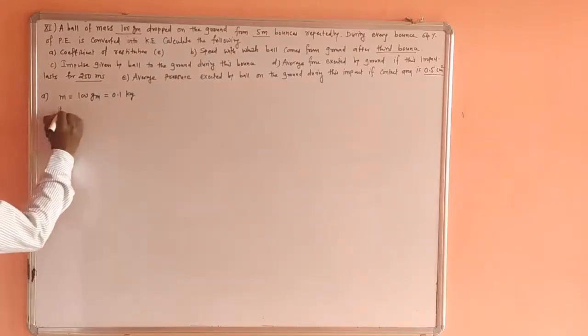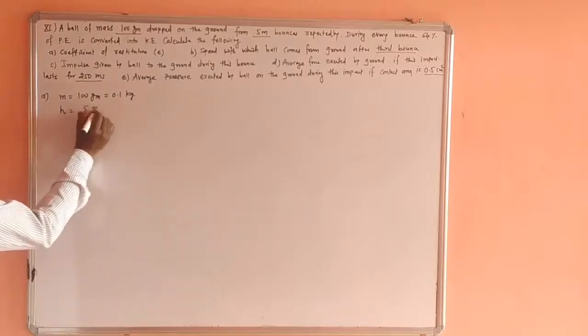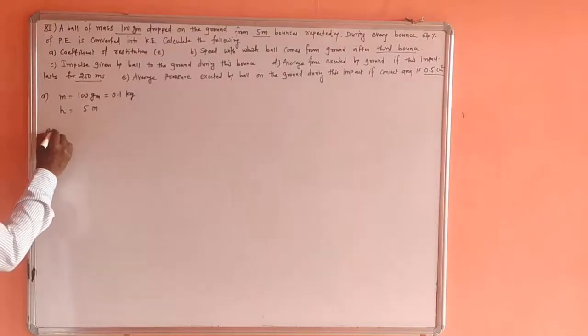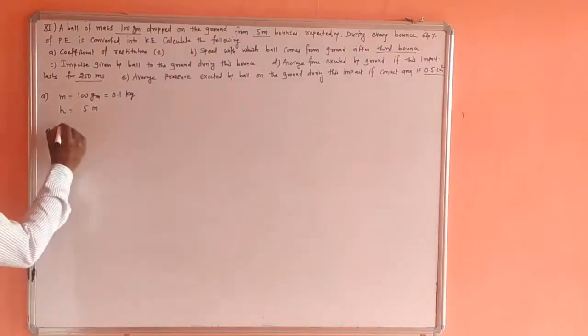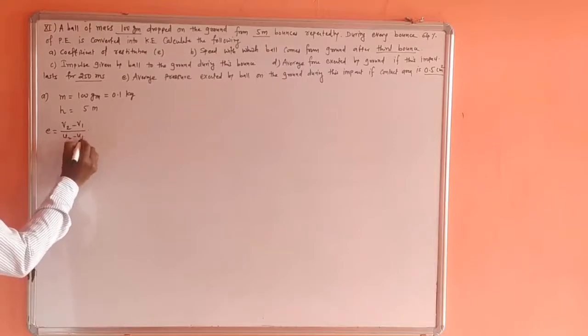Then the height from which the ball is released on the ground is 5 meter. And it is given that during every bounce 64% of potential energy is converted into kinetic energy. So to find out the coefficient of restitution, we need the ratio of velocities. e is nothing but minus of (V2 minus V1) upon (U2 minus U1).